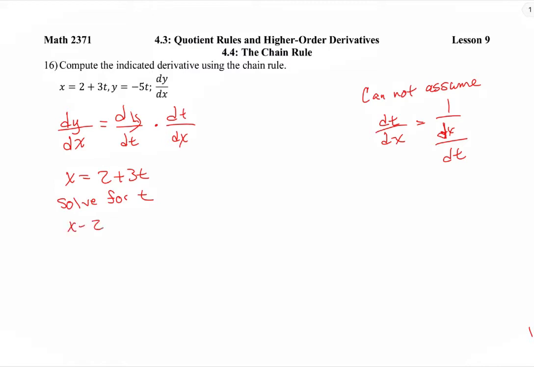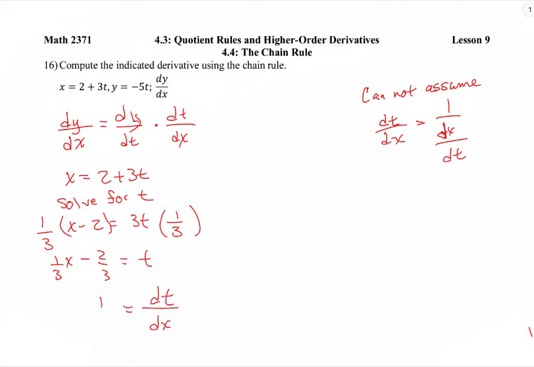So x minus 2 equals 3t. Now I like to multiply both sides by 1/3 so that I get 1/3 x minus 2/3 equals t. That way, when I find dt/dx, I get that the derivative is 1/3.